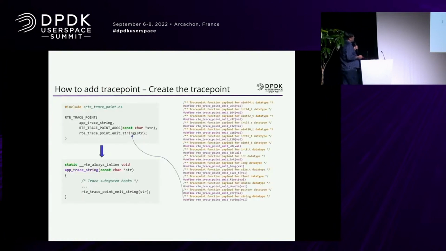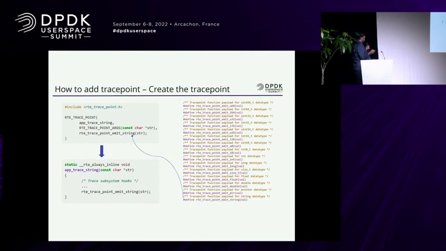Now the next point is how we can add tracing. It's quite simple. In order to create a trace point, there are two operations. One, we need to create the trace point, which we'll outline here. The first step is to create a header file and call the trace point macro.